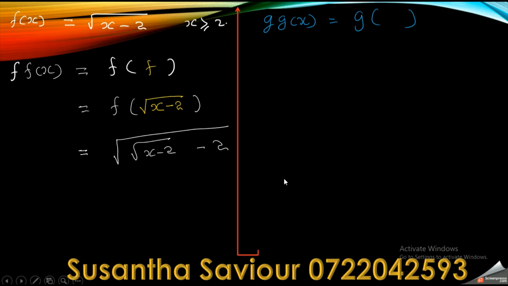And then g(g(x)), inside the function g you apply g, right. g(x) is equal to x to the power 1/3 plus 1. So x to the power 1/3 plus 1, to the power 1/3, plus 1, right.